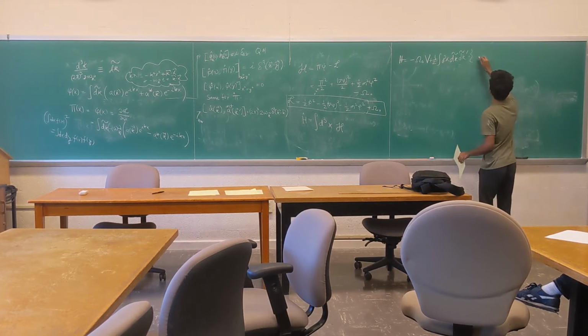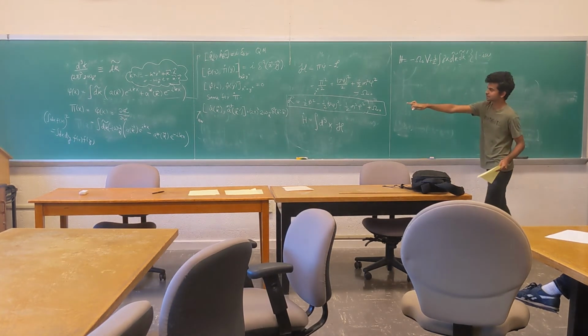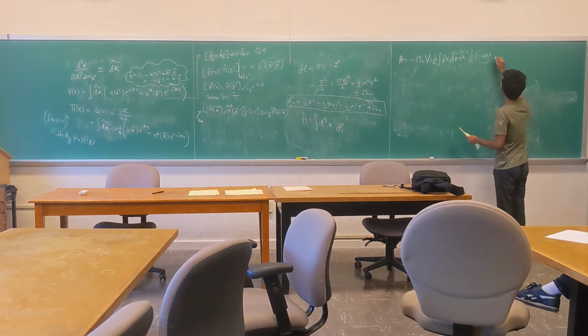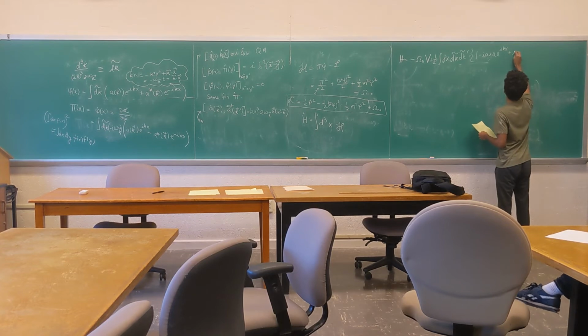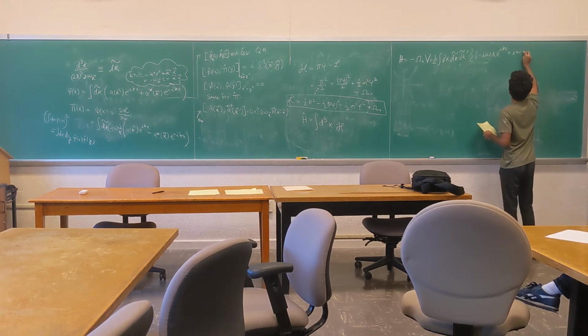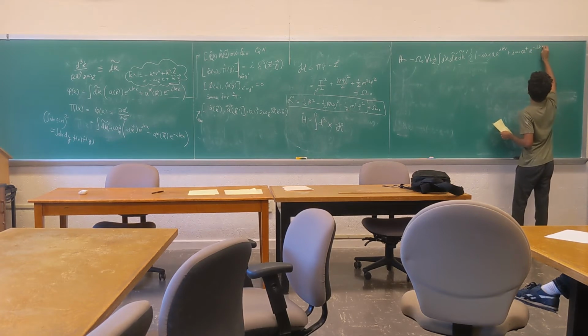Let me do this here. Minus i omega, I'm dropping the subscript k because I don't want to write it, a e to the i k x plus i omega a dagger e to the minus i k x.